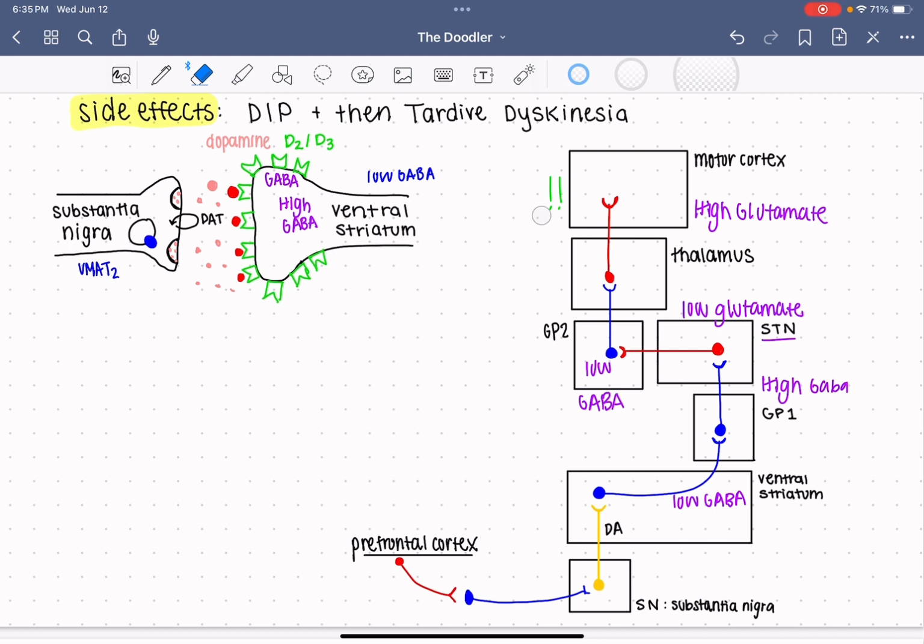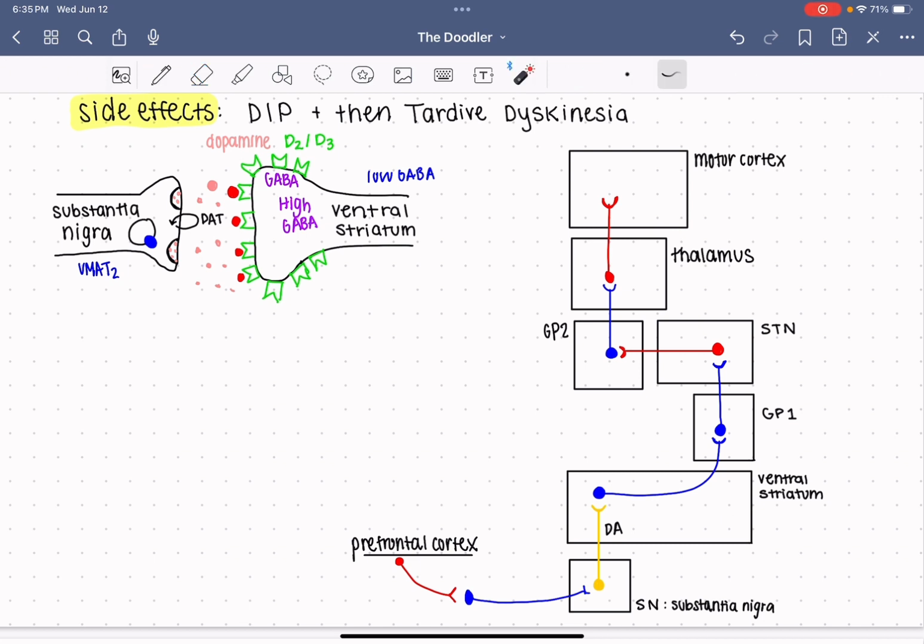Now, let's roll the tapes back. Just try to erase this stuff. Okay. If dopamine is prevented from binding, what did we say over here? If you block dopamine from binding, there's no inhibition, so you have high GABA. So now coming over here, we're going to have high GABA.